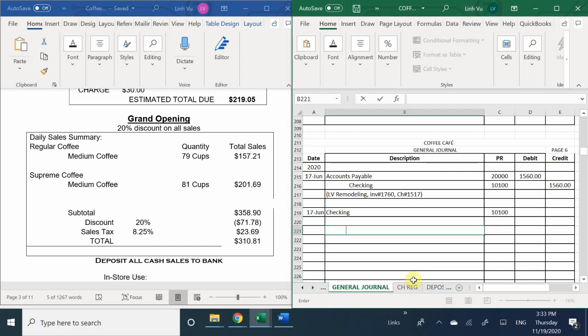So in checking is going to be the total amount of the 310.81. 310.81, right? Okay, so now it's going to be the sales for the regular copy.